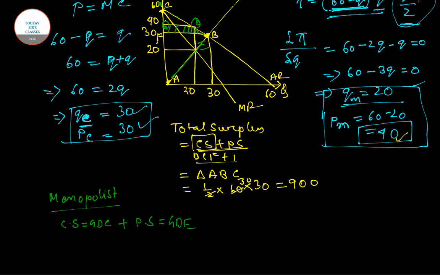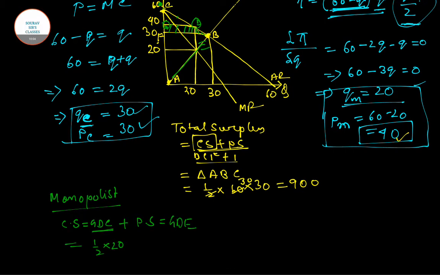Now if you simply put these two, we know the area for GDC will be half into 60 minus 40, which is 20, into 20. It will be half into 60 minus 40 into 20, because this is the 20 value.